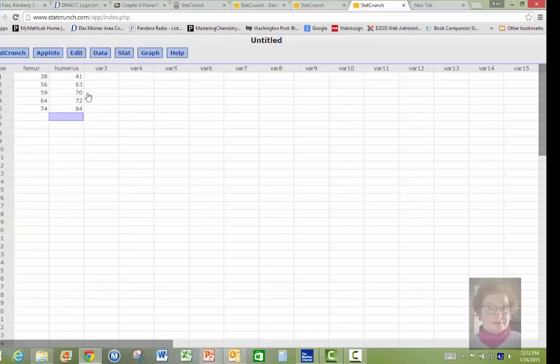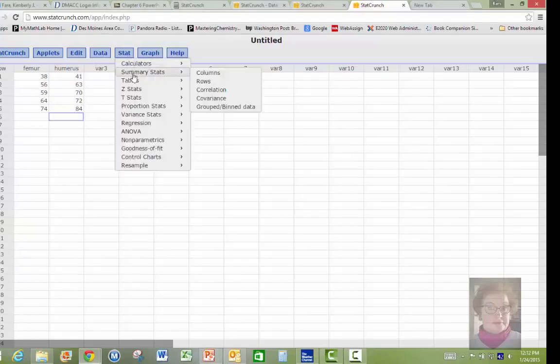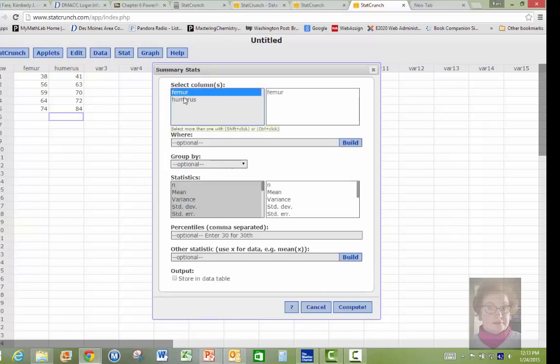Okay, now when you're going to do your calculations, you go up to Stat. I want to start with summary statistics. That's where we find the mean and the standard deviation. And my data is in columns. And I want to select both columns. We might as well do it at the same time. So if you shift click, you can choose more than one column.